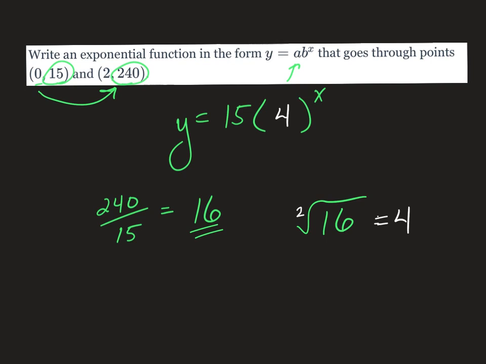And it's always wise to come in here and check your answers. So I'm going to go ahead and put in f of 2, because remember, f of 2 should have an output value of 240. So when I put this in my calculator, I do get the result of 240. And again, what I put in my calculator was this.